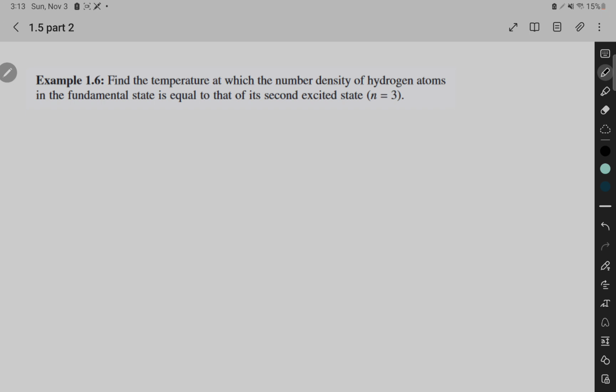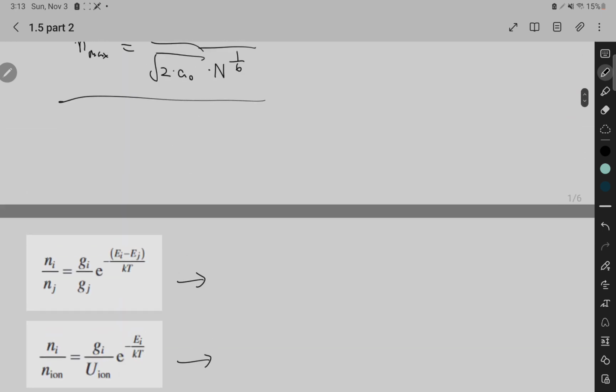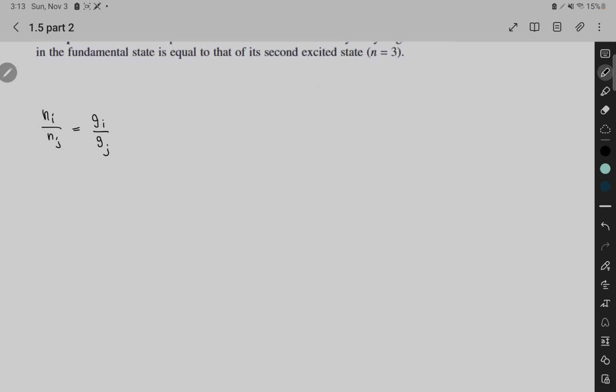So we will use the upper version of the Boltzmann equation. So this is going to be equal to Gj. And I also want to talk about this G value real quick. Not going to get too deep into it because it's not really related.